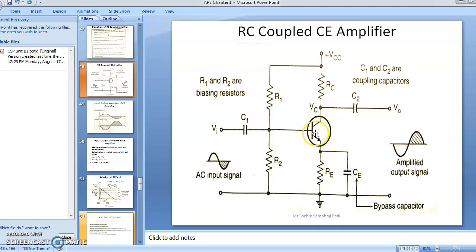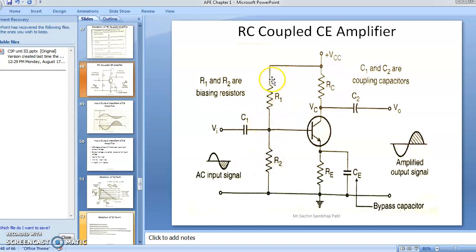Now in this common emitter transistor we can see the base terminal, collector terminal and emitter terminal. At the base terminal we are using R1 and R2 for biasing of the transistor. This is acting as a voltage divider, and it is giving some voltage here.